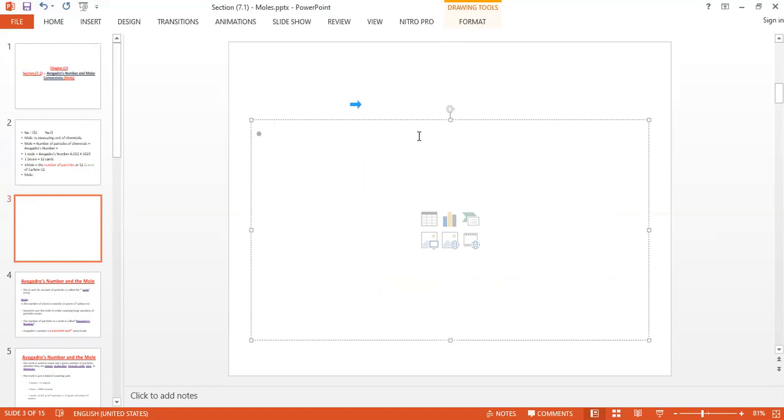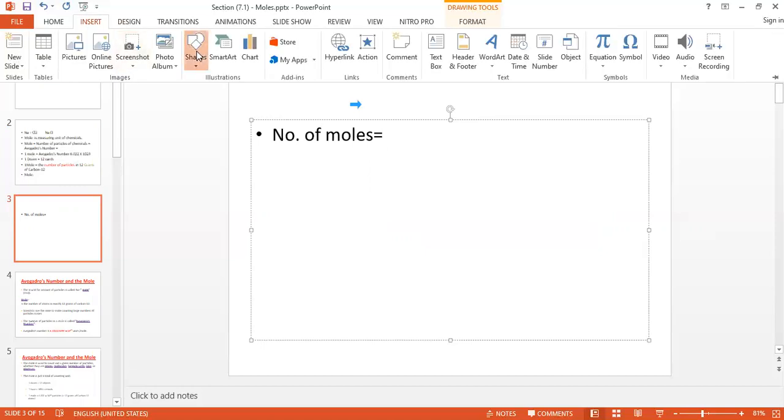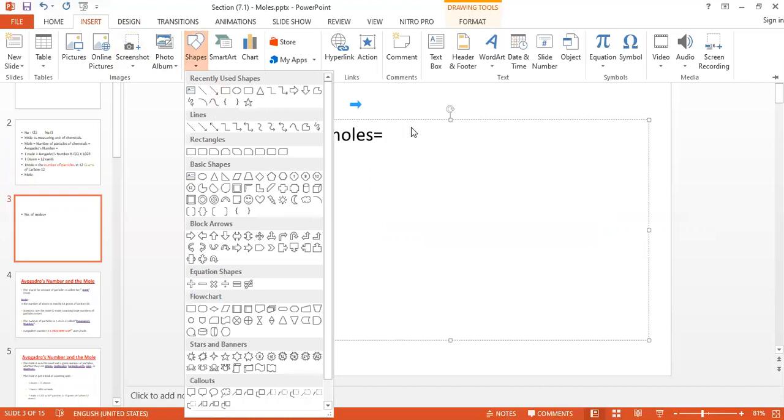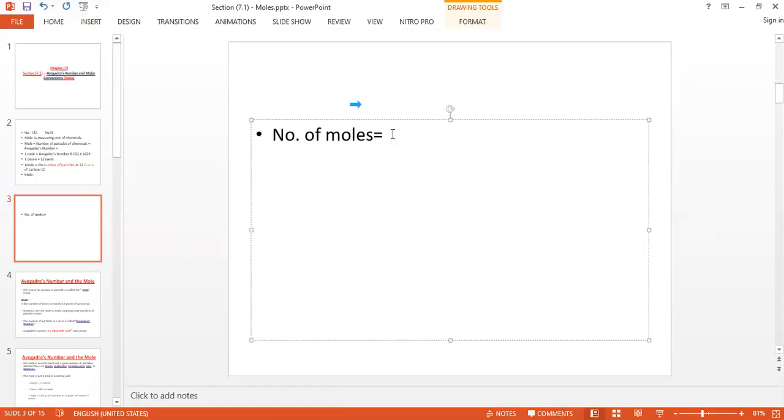First, using Avogadro's number, you can calculate the number of moles from this relation. Number of moles equals number of particles of any chemical.